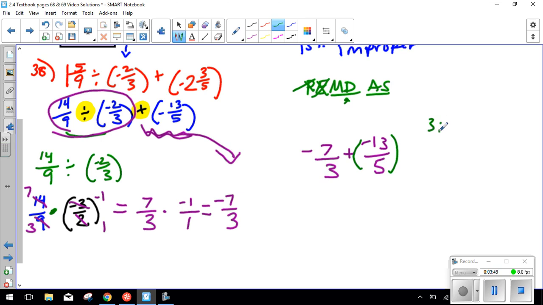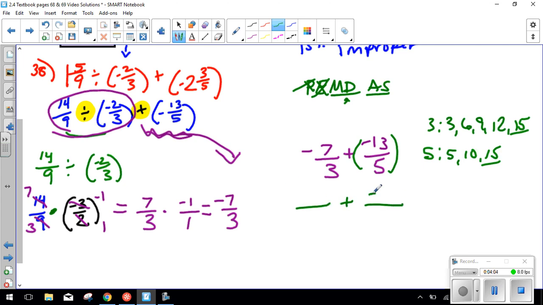If you take 3 and take 5 and count by each of those numbers, you will find that your common denominator is 15. Okay, some of you don't need that step, so just skip it. I like to set up my fractions so I don't lose any of my signs.